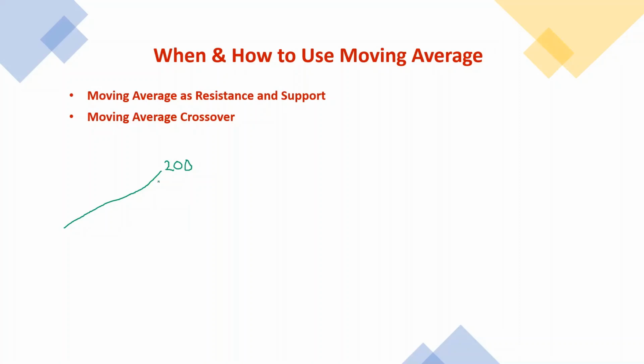This could be a bullish trend, because if a moving average is going upward, we can say the overall trend is bullish. The vice versa: let's assume the moving average is falling down in this manner, also a 200 SMA. Even if it is falling, we can say that the overall trend of this market is bearish. We know this.